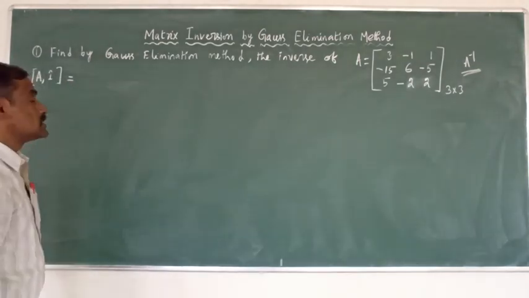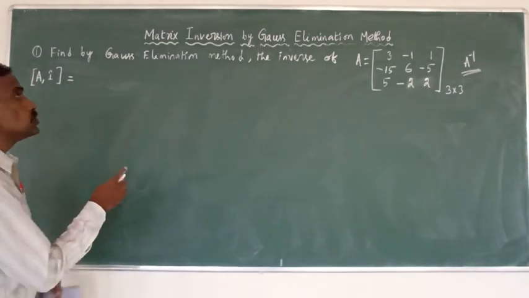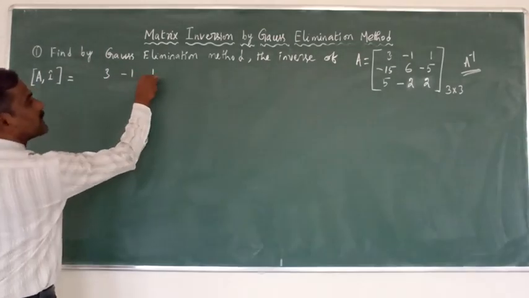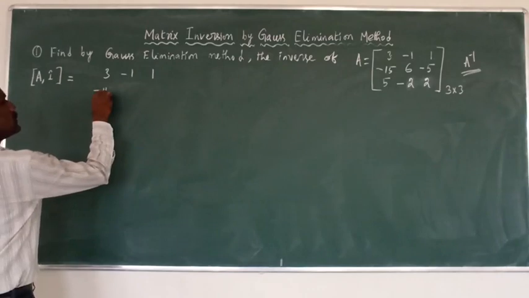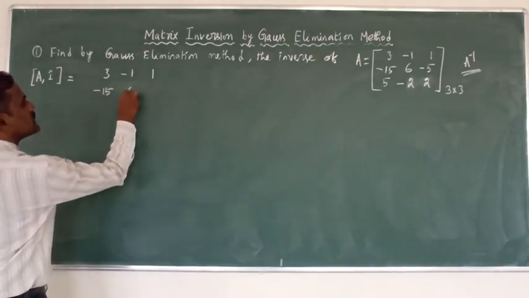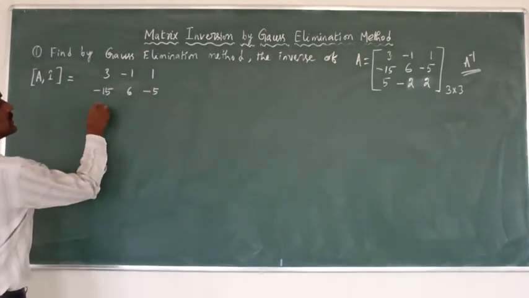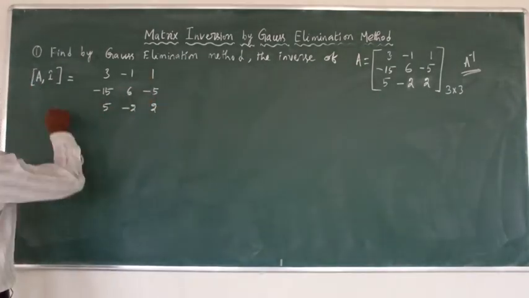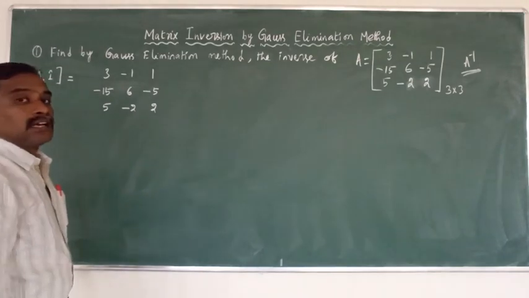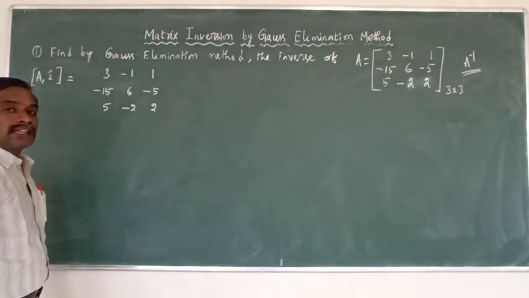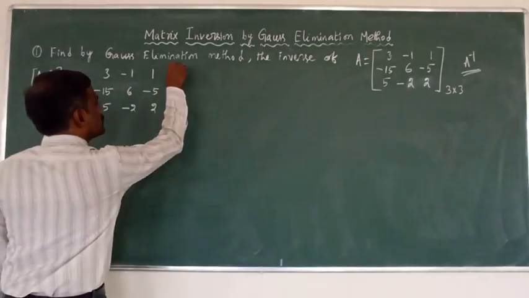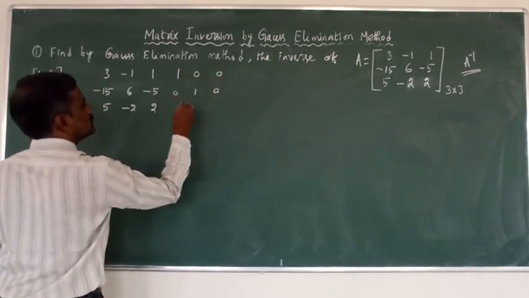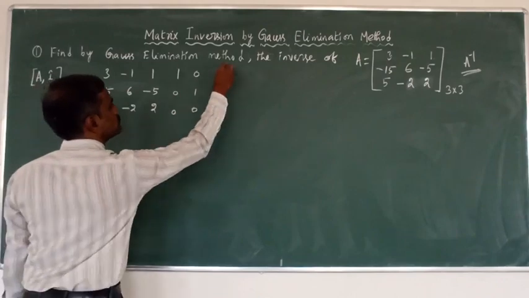Combining the two: A is 3 minus 1 1, minus 15 6 minus 5, 5 minus 2 2, and I is the 3 cross 3 unit matrix 1 0 0, 0 1 0, 0 0 1.